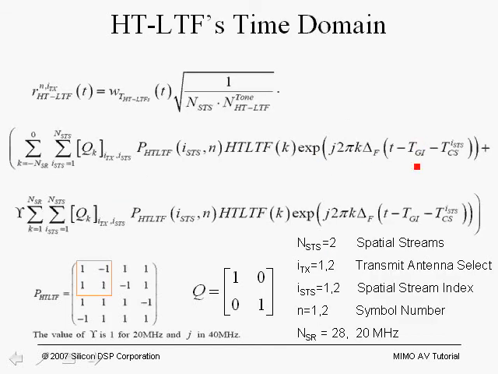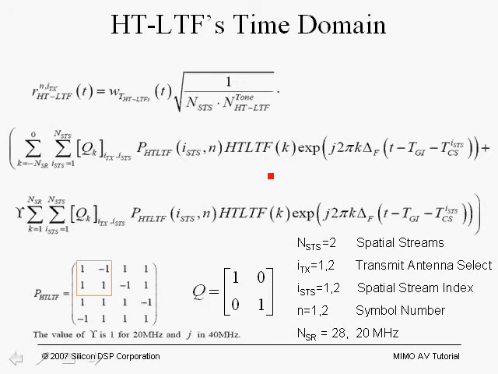So here we show that besides the guard interval, we actually add the cyclic shift, which is indexed by ISDS, the spatial stream index. For the first spatial stream it is equal to 0. For the second spatial stream, it is equal to minus 400 nanoseconds.